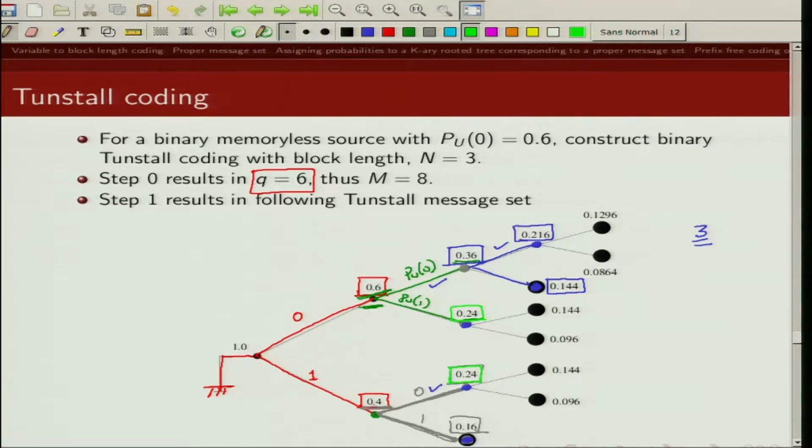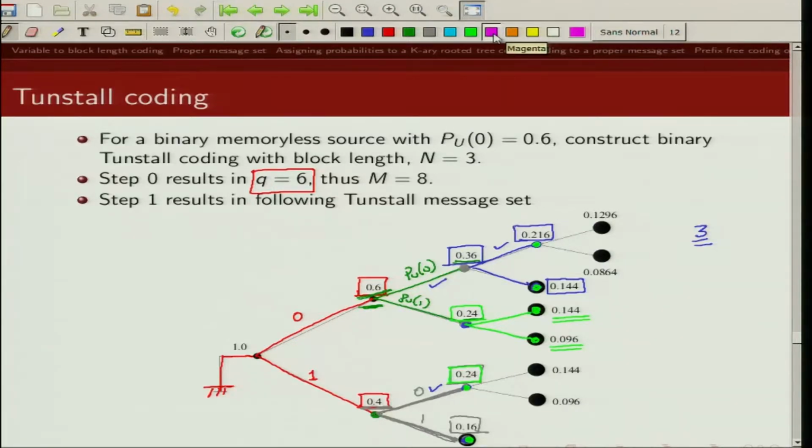So let's extend, let's say this one. I do that, I get this, and similarly I can calculate these probabilities. This one is 0.24 into 0.6 and this one is 0.24 into 0.4. So at this point, after 4 extensions, I have this node, this node, this node, this node, this node and this node.